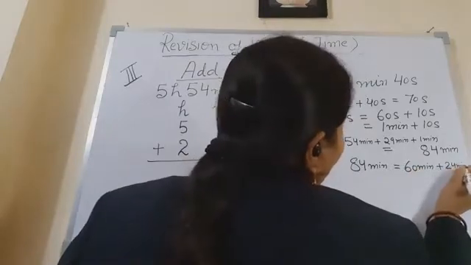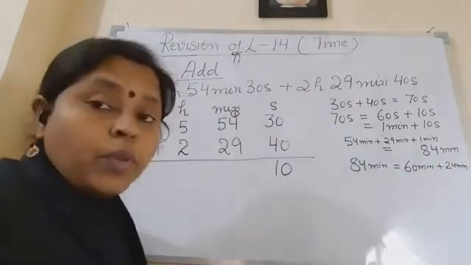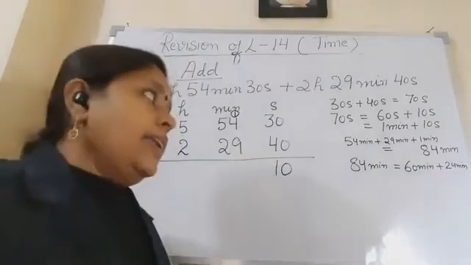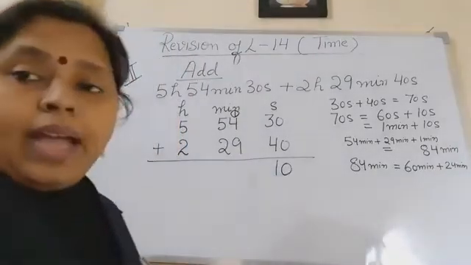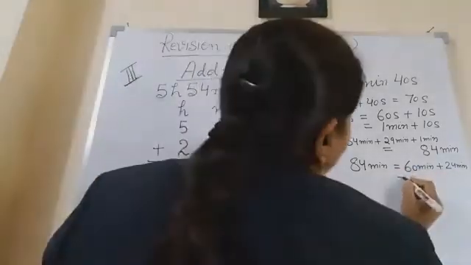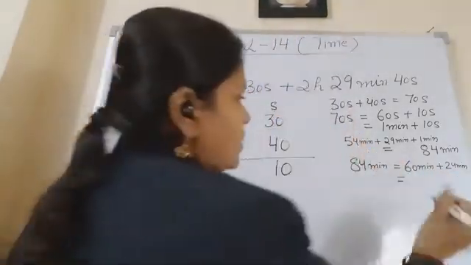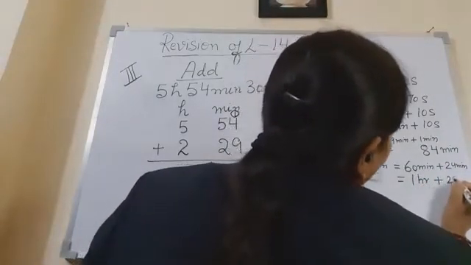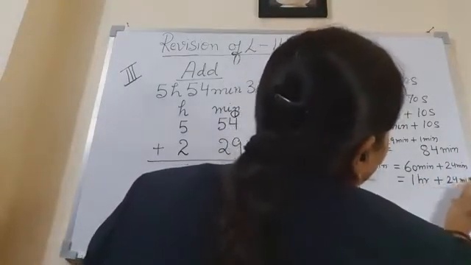Or you can divide 84 minutes by 60 and get the time in hours and minutes, as we do by regrouping. So 60 minutes is equal to 1 hour. So we will write 1 hour plus 24 minutes.